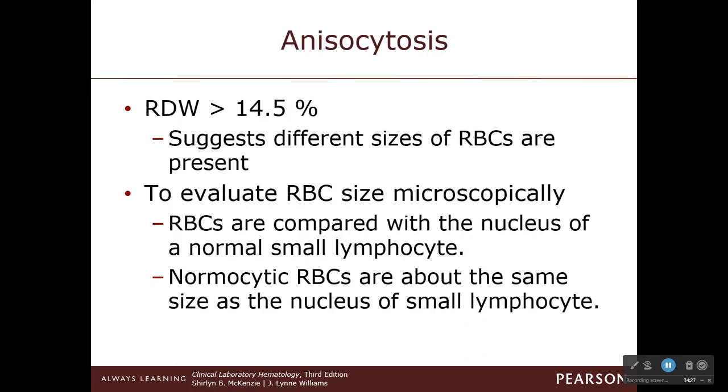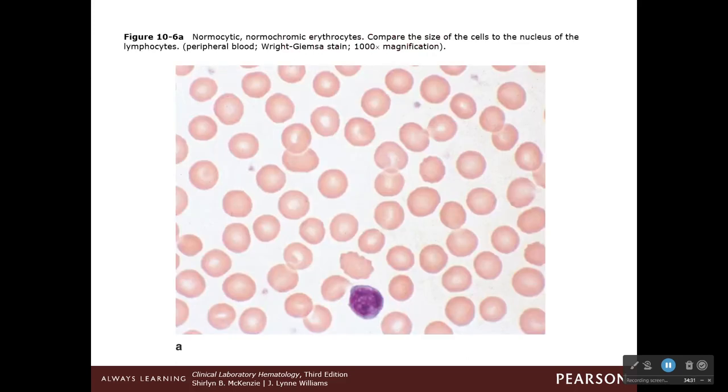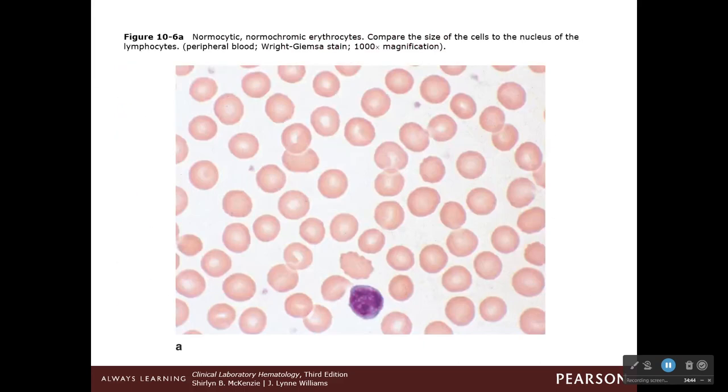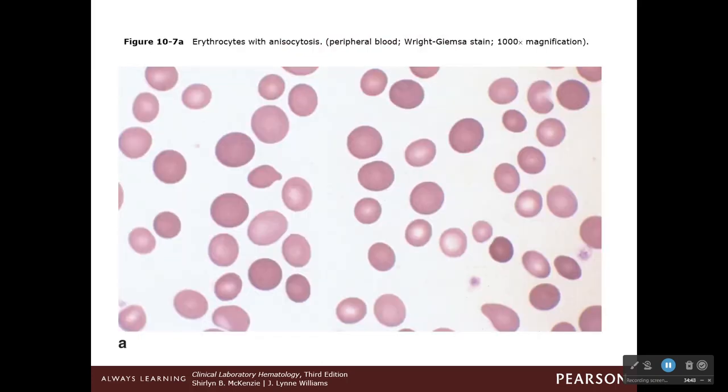We look at the RDW for it, all right? This is what normocytic should look like. So this kind of shows you the difference in that and that. Okay, so definitely aniso, and these are normal. Okay, see the difference?